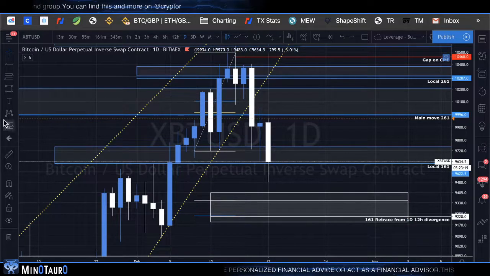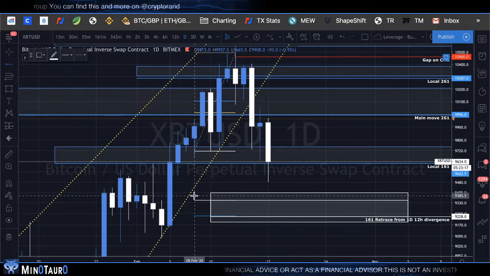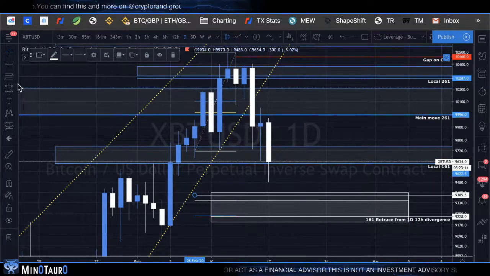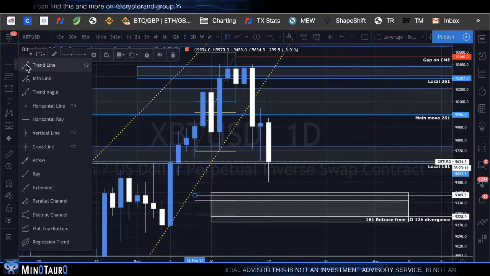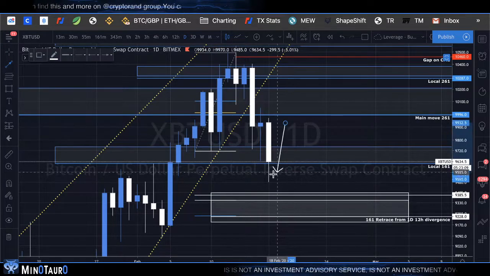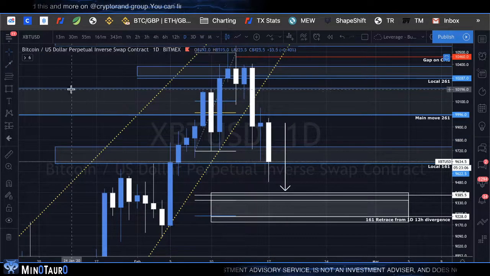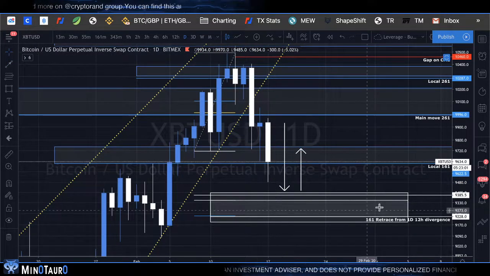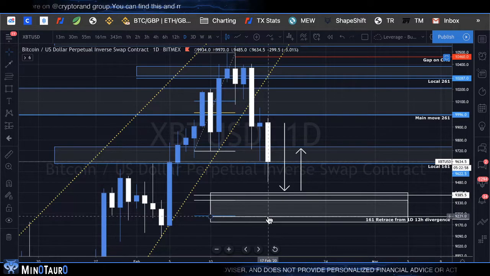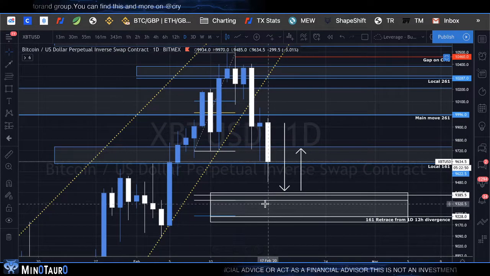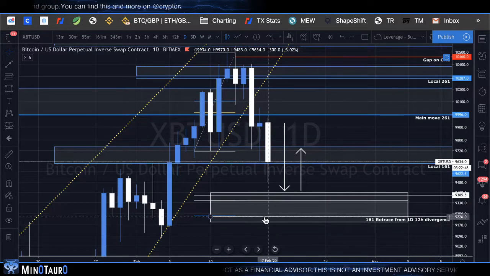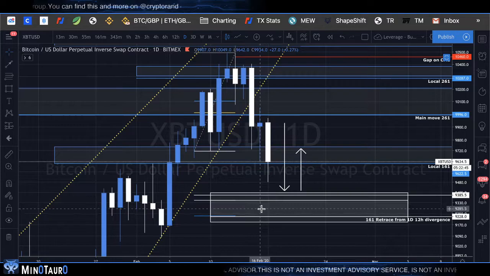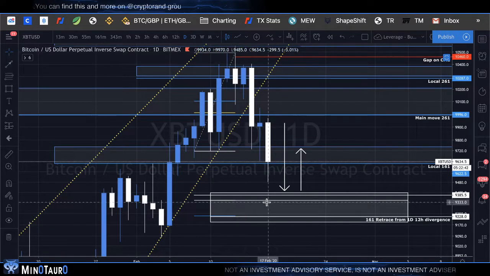Imagine that you place just one order here, and the price goes here, and then you will have to run and buy market or long market to enter the situation. Instead, if you know that the price can go there, you make your limit orders long in this zone, or even stack up orders like professionals do. They stack up orders, okay, with the scaling order.